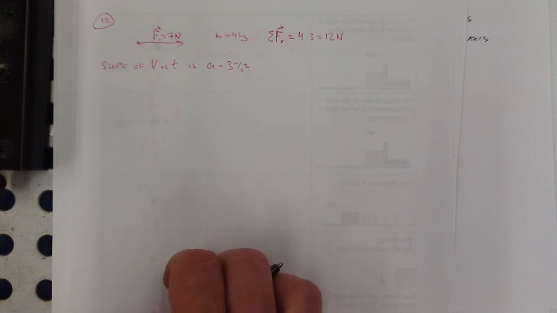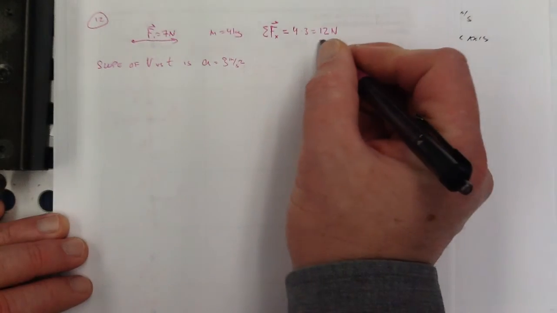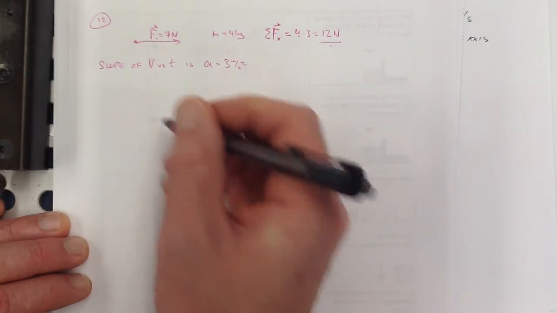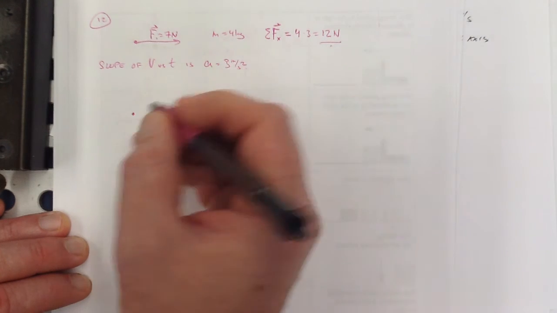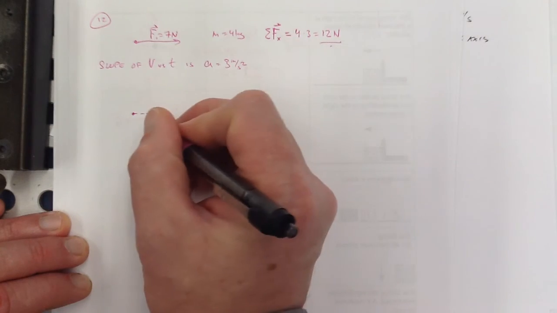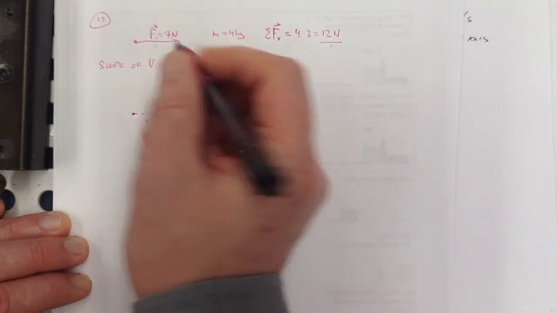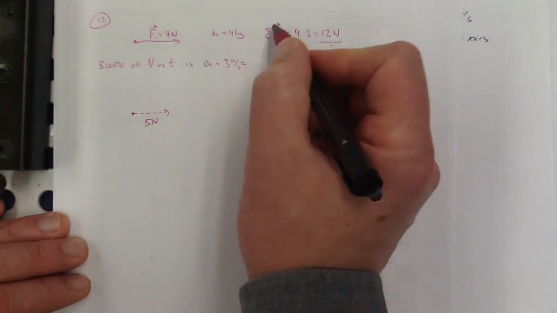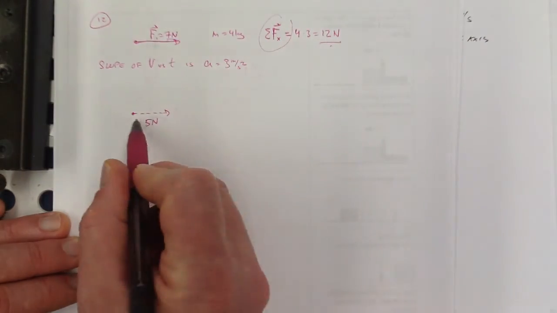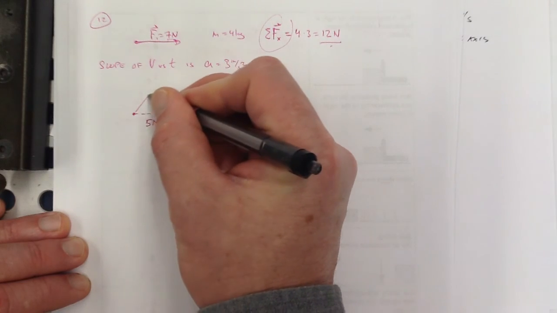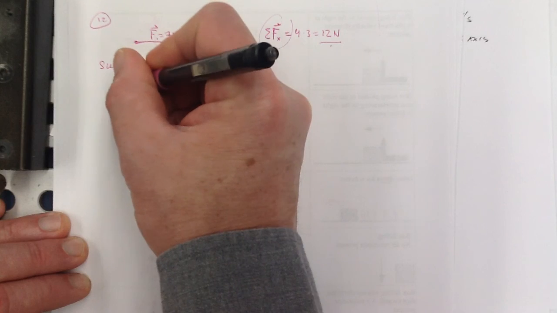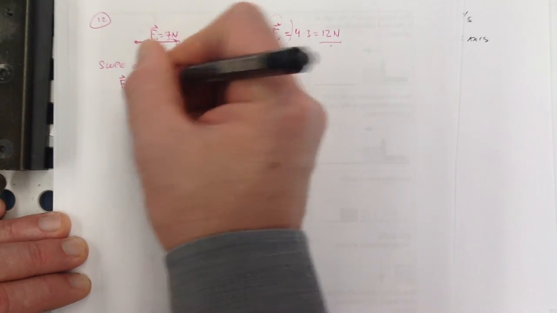Right? So that means there must be a component of F2 that is 5 newtons in the x direction. As if the sum of all the forces in the x direction, this one's all x direction, all 7, it's got to be getting some, remember this F2 is equal to 9 newtons.